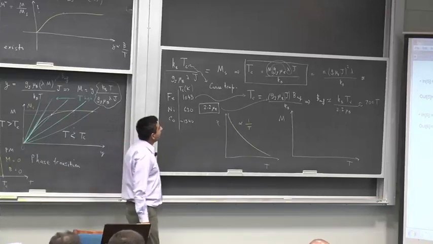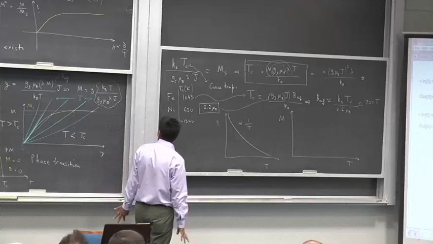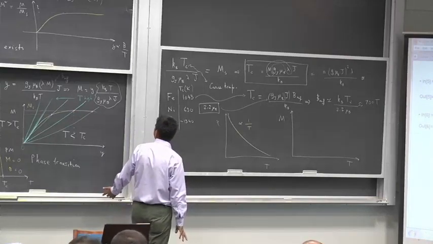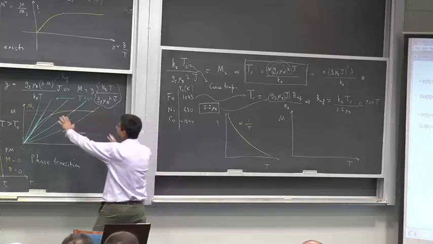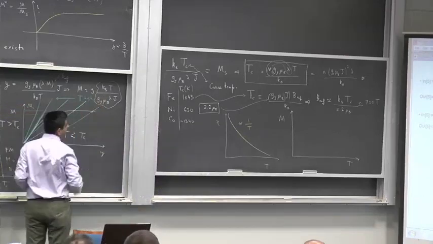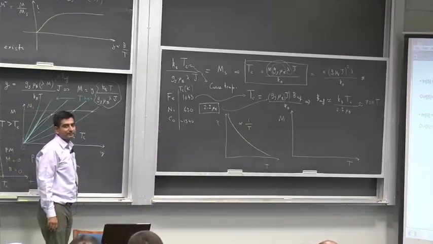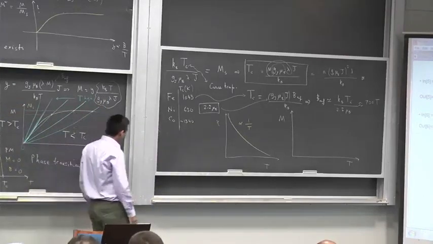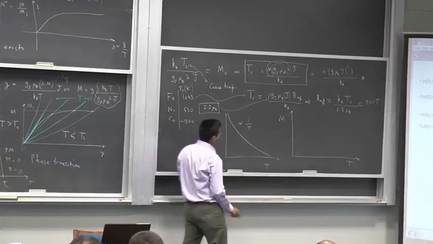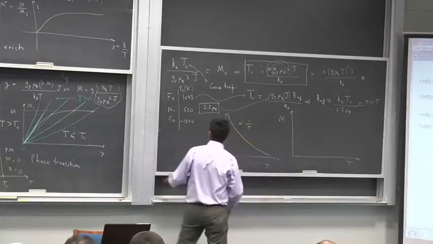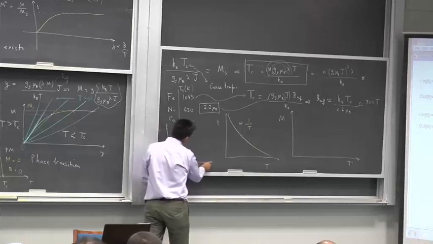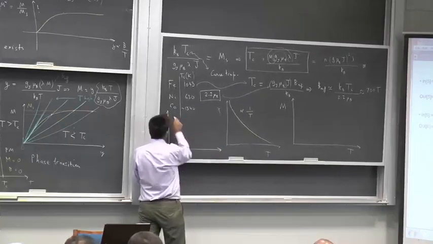So the answer to that question lies in these equations, nothing else but these equations. Okay. So what we would like to do now is we would like to plot this graph. So in other words, what we would like to do is the following.